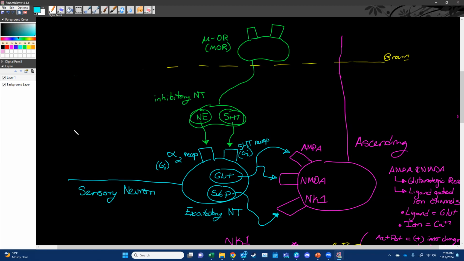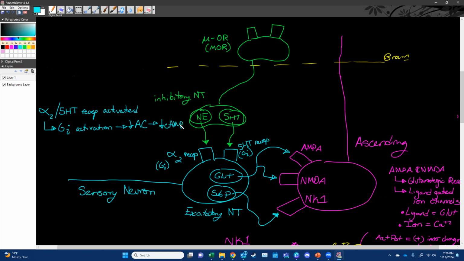How does this happen? Well, when we talk about alpha 2 or the serotonin receptor being activated, what's going to happen first is that we have Gi activation, which is going to lead to a decrease in adenylate cyclase, which is going to lead to a decrease in cAMP.